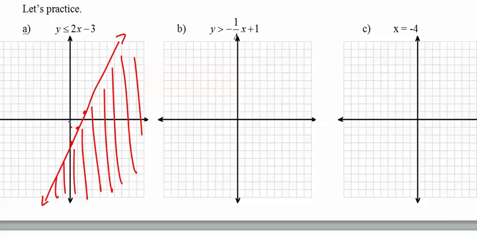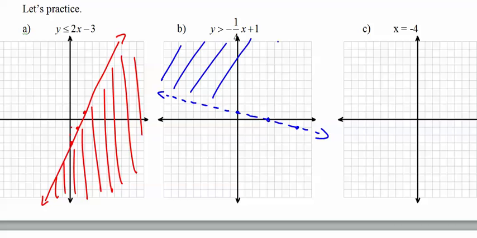Is 0 less than negative 3? No. Good. Negative 1/4 x plus 1. Down 1. 2, 3, down 1. Dotted line. Greater than is above. 0 should not work. 0 doesn't work.